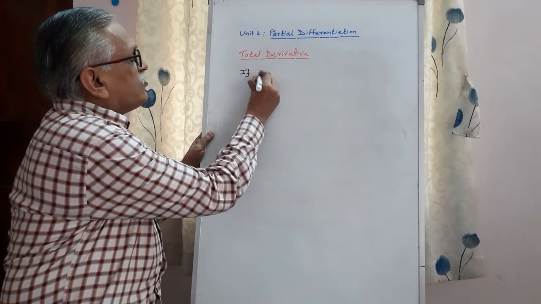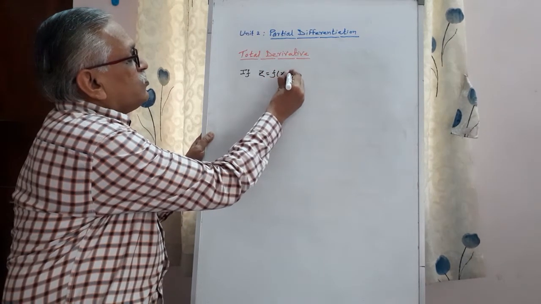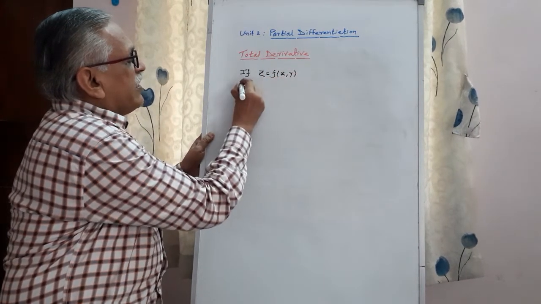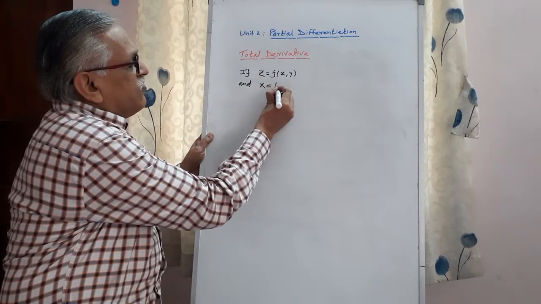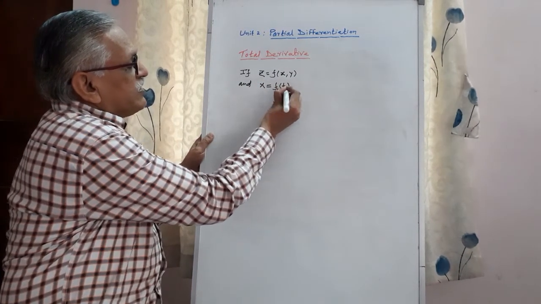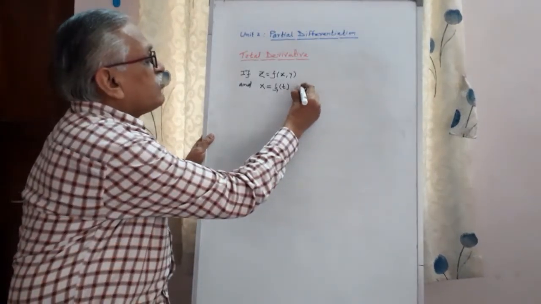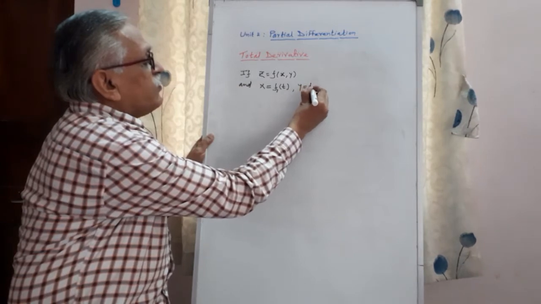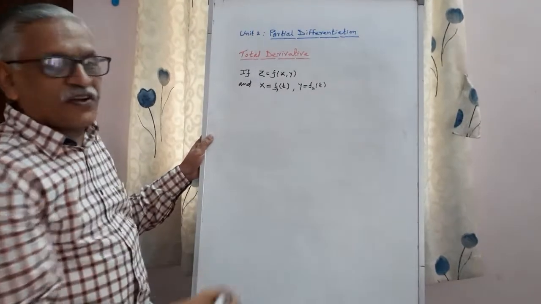If z is a function of x and y, two independent variables, and x is a function of variable t and y is also a function of variable t, a function of function.